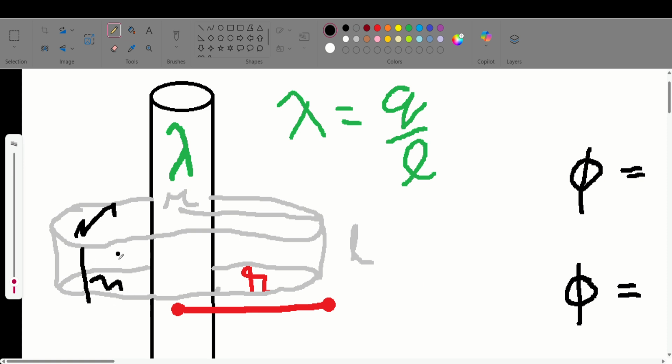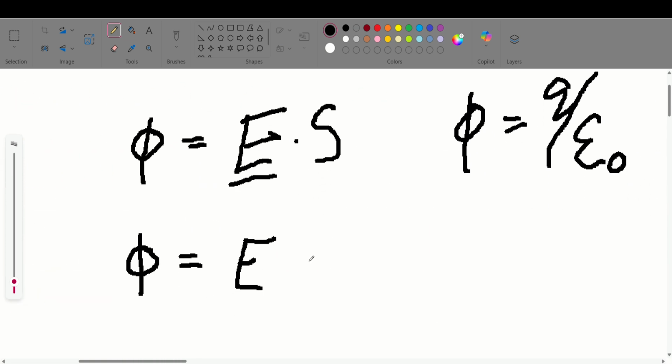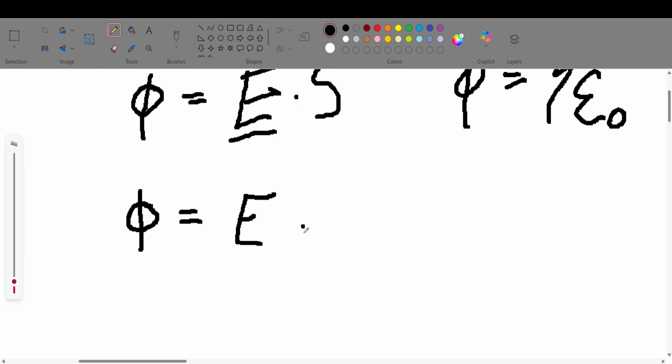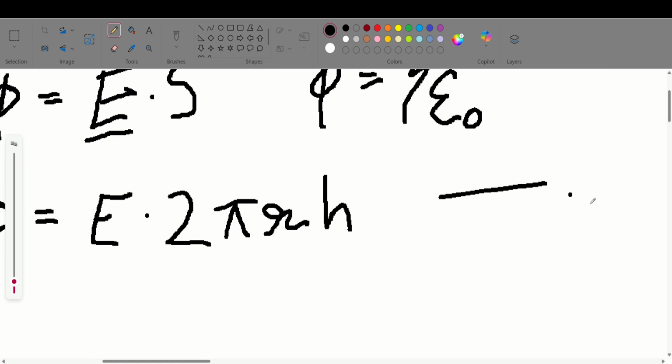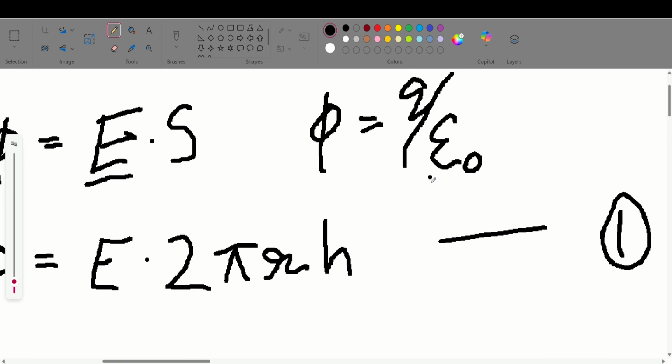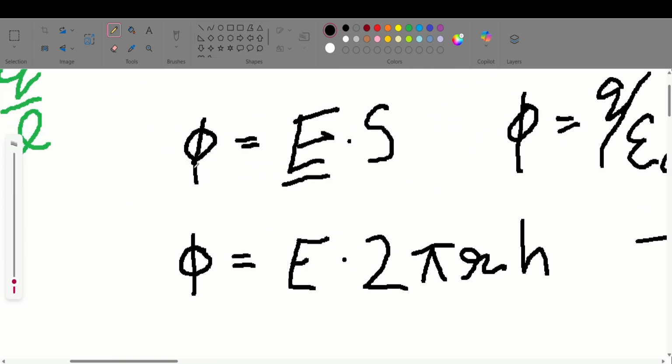We just consider this curved surface area over here. And from geometry you would know that that particular surface area is equal to 2 pi RH. So phi is equal to E times 2 pi RH. This is going to be our first equation, which we derive from the first definition.